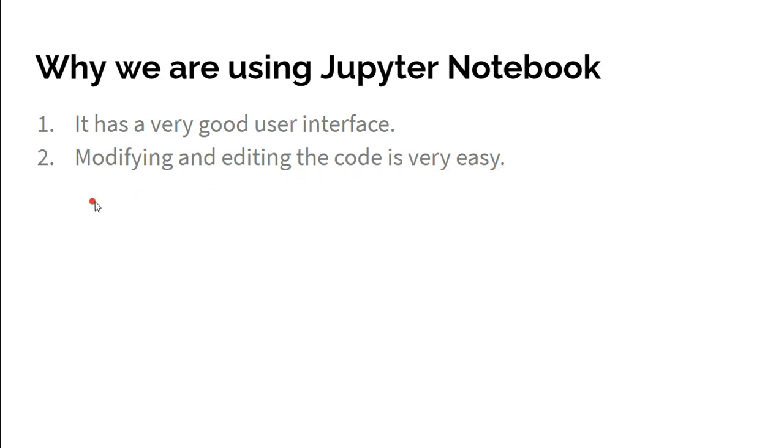If you use the command line Python interface, you will see that modifying the code is very difficult in the command line interface. And the Jupyter Notebook provides a very easy way to edit the code.